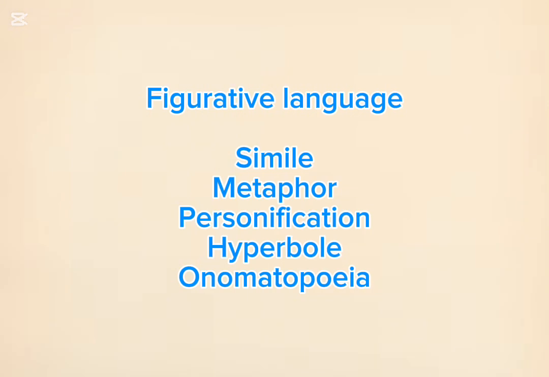Example, time is a thief. Personification, giving human traits to things. Example, wind whispered through the trees. Hyperbole, extreme exaggeration. Example, I've told you 1,000,000 times. Onomatopoeia, words that imitate sounds. Example, boom, buzz, sizzle.